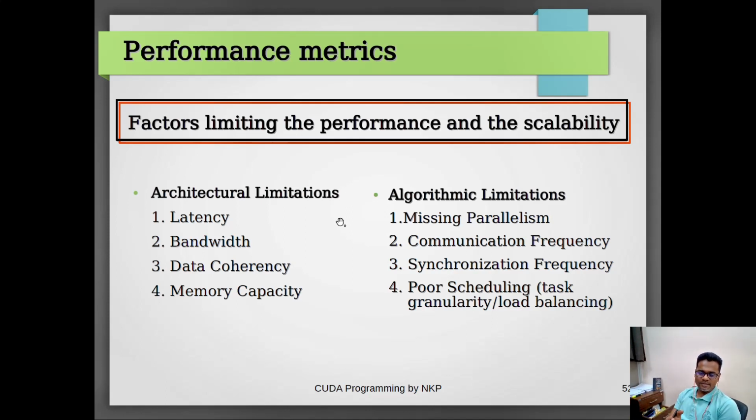So if we have an algorithm with a limitation of parallelism, then we can call it an algorithmic limitation. It is also possible that your algorithm is designed in such a way that we have to perform communication between multiple resources frequently.